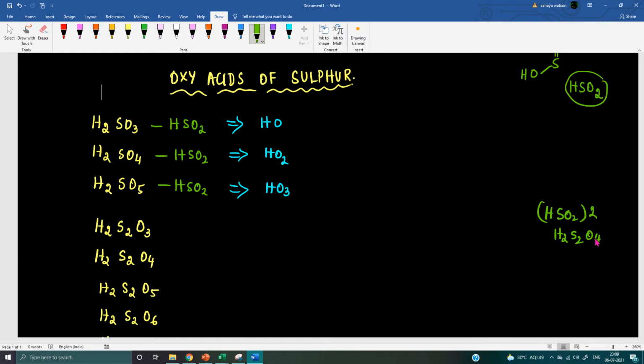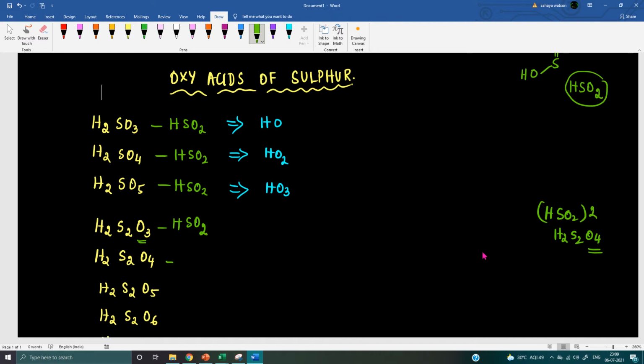H2S2O4. But here you have 4 oxygen, whereas here we have only 3 oxygen. So you should subtract only the basic unit HSO2, but you cannot do this. Even though the sulfur atom is 2, the oxygen is less, so we prefer to subtract only the basic unit HSO2.